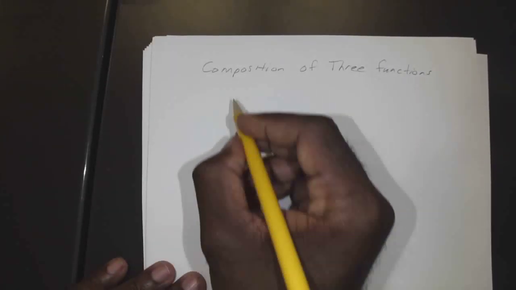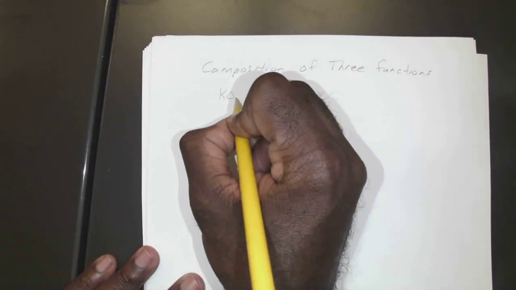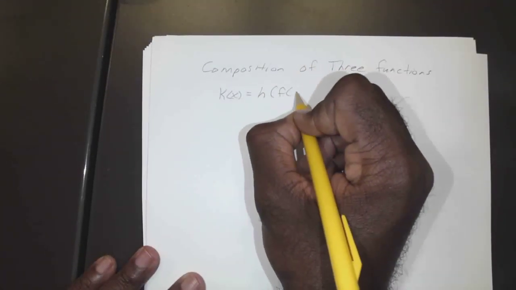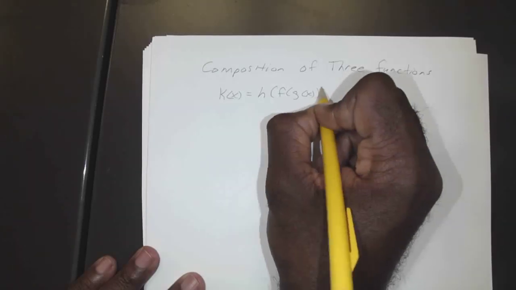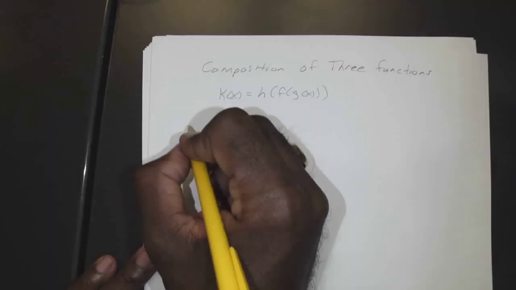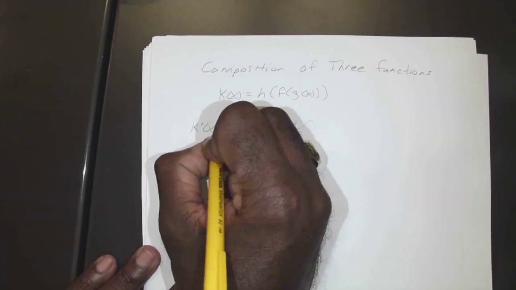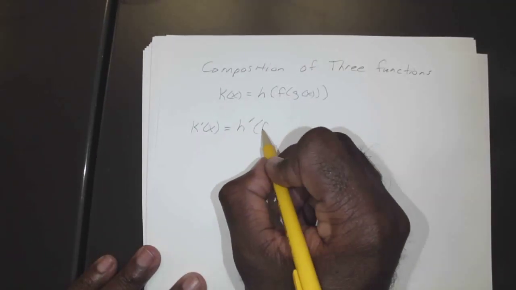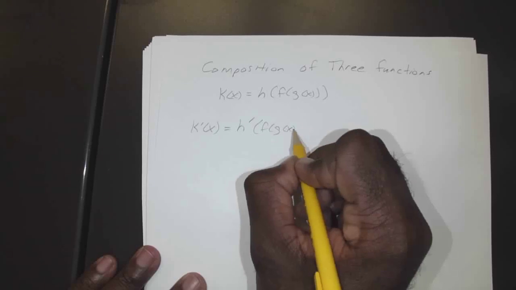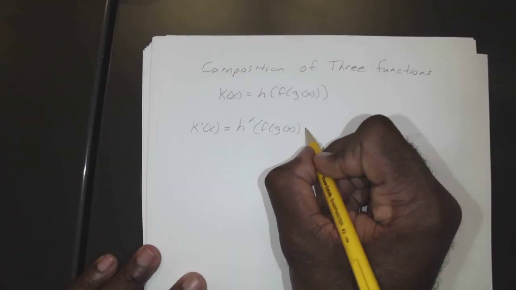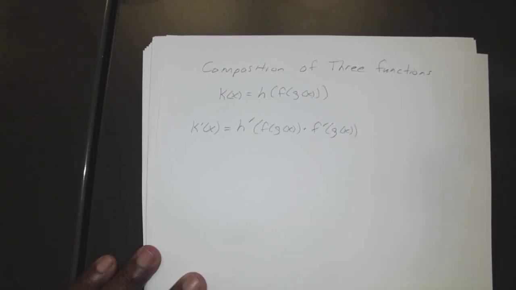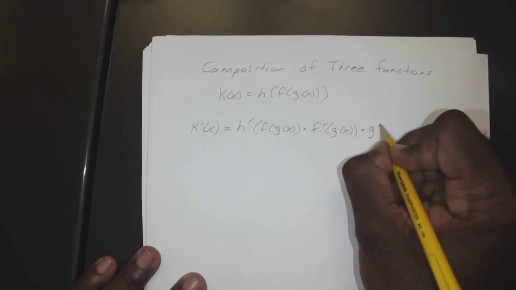So if you have some k of x equals h of f of g of x, and k prime of x is going to equal h prime of f of g of x times f prime of g of x times g prime of x.